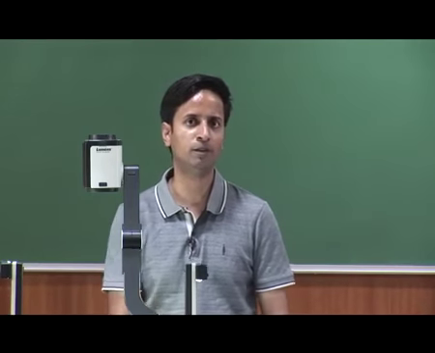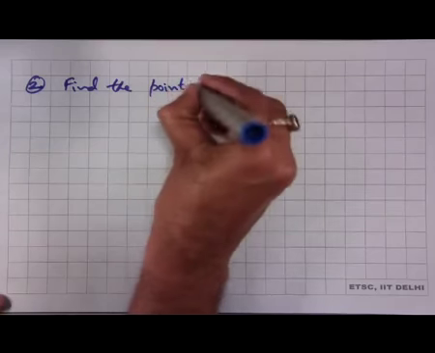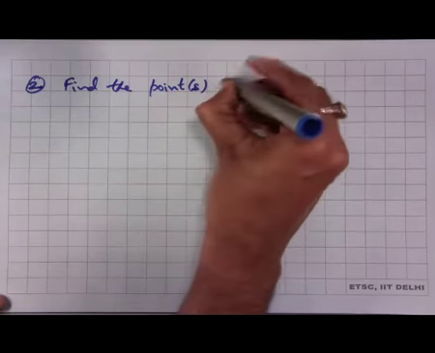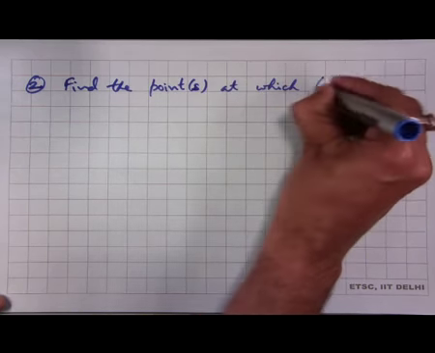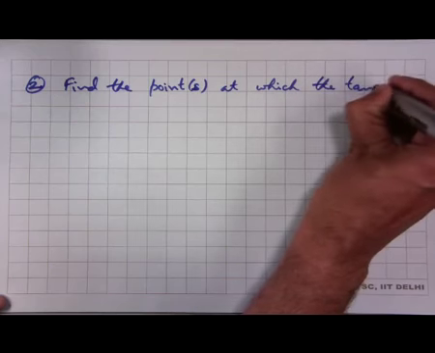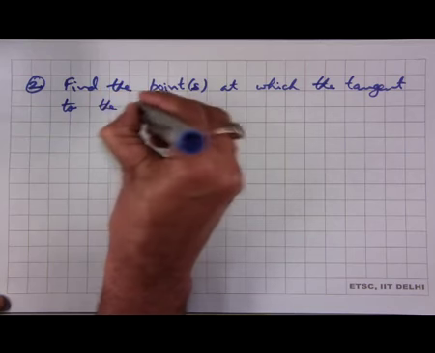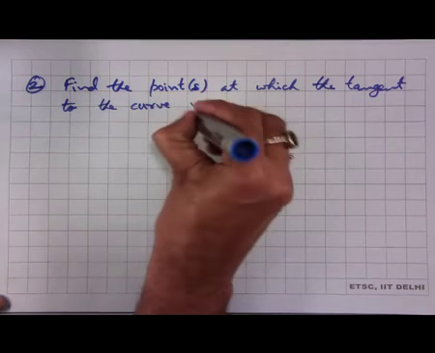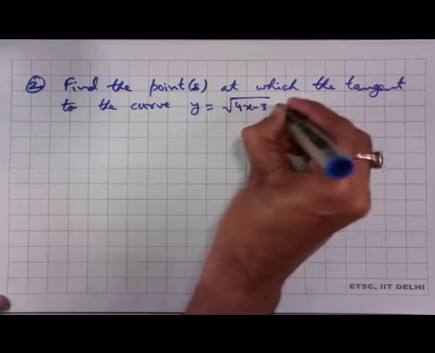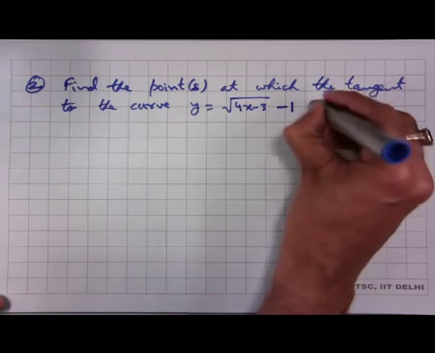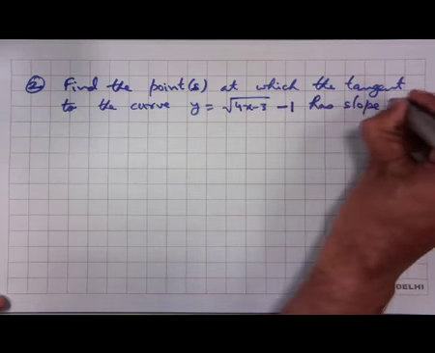Now, we will look at some examples on finding the equations of tangent lines and normal lines. Second example, find the point at which the tangent to the curve y is equal to square root of 4x minus 3 minus 1 has slope 2/3.